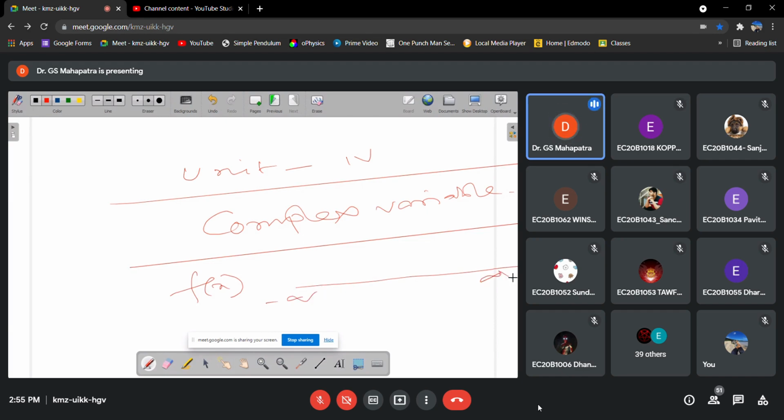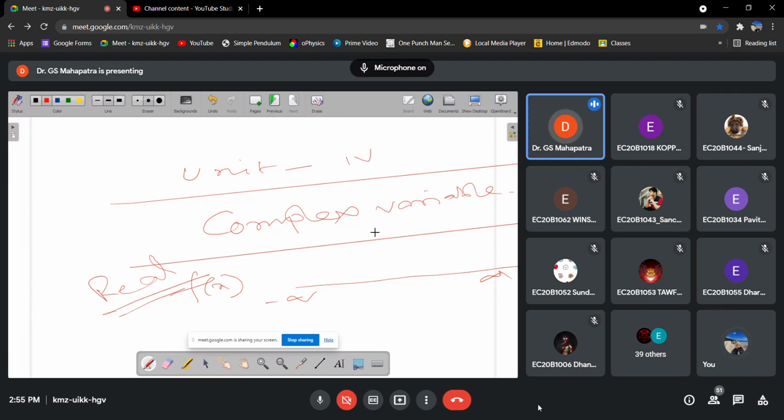In that case it is called a real function. You have already studied this, but now in unit 4 you have to study complex variables or complex functions. What is a complex number?